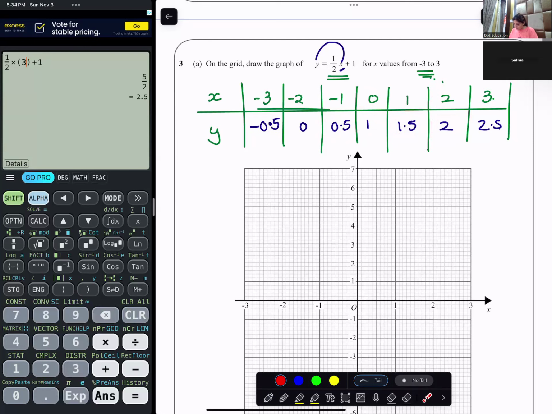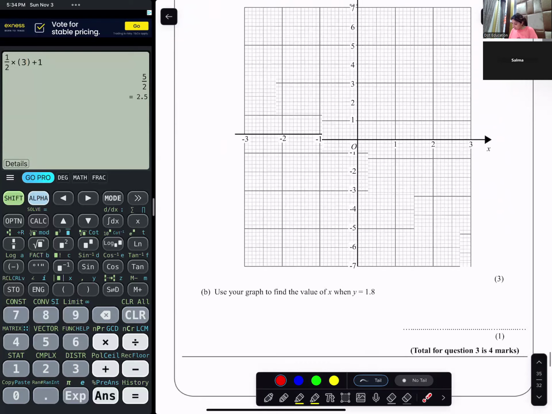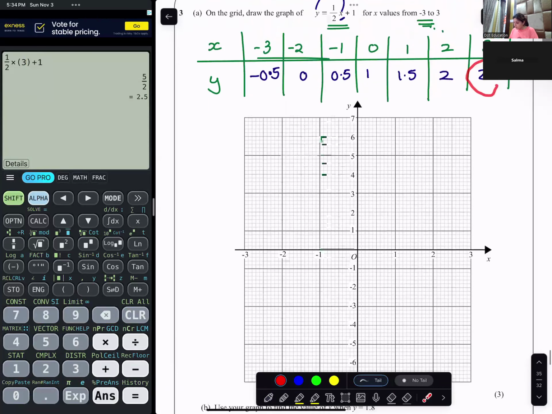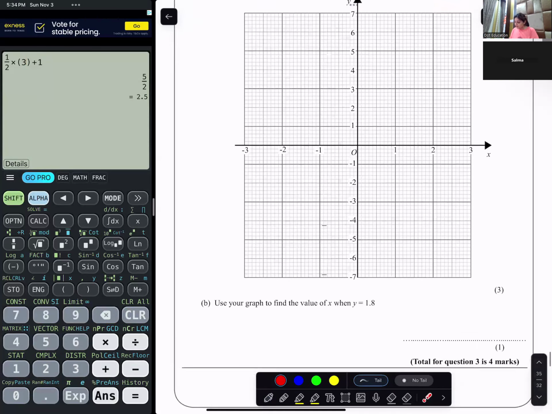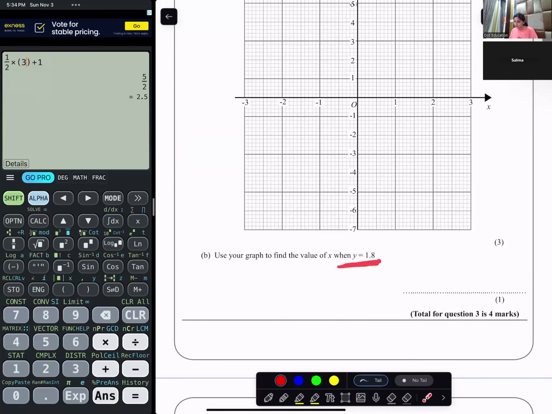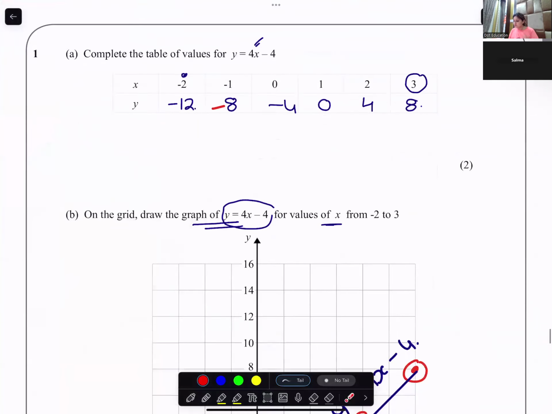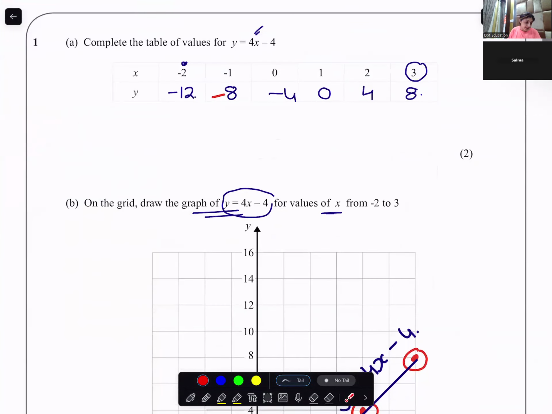When x is 3, it is 2.5. After this, you will look on the graph, plot the line, and then from the graph, you're going to find the value of x when y is equal to 1.8. This completes how to draw linear graphs using the calculator: filling the table, plotting the points, drawing the line, and then you can find the coordinate of any point.